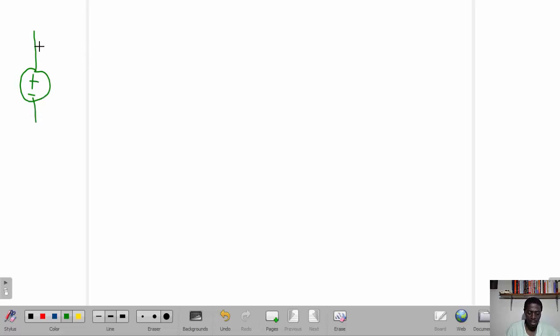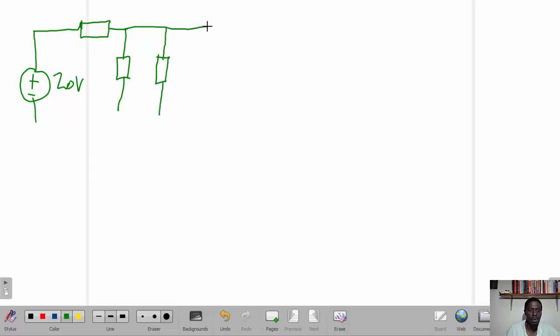We had the 20 volts source, and then we had a connection. Let me draw the boxes for the resistors. So resistor 1, then we had resistor 2, then resistor 3 here, and resistor 4.